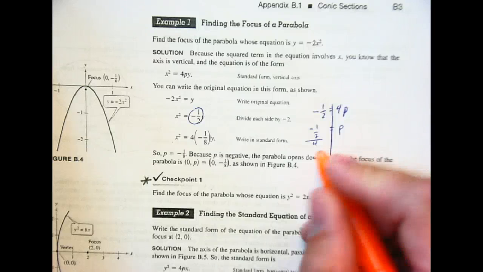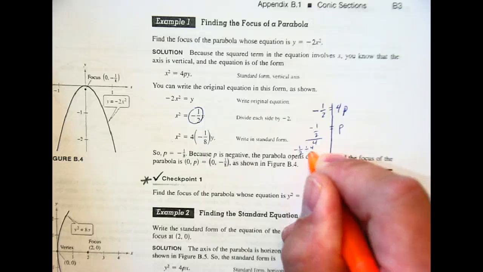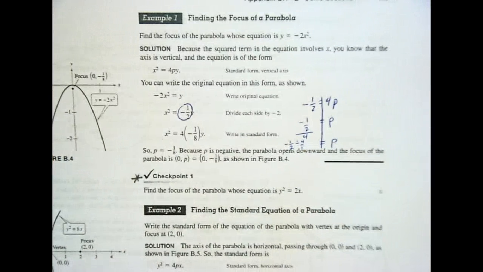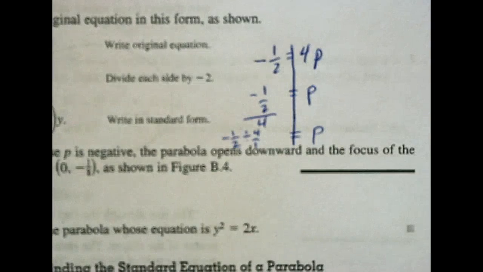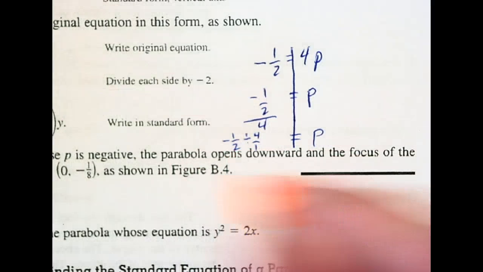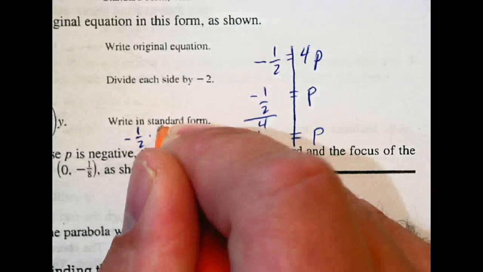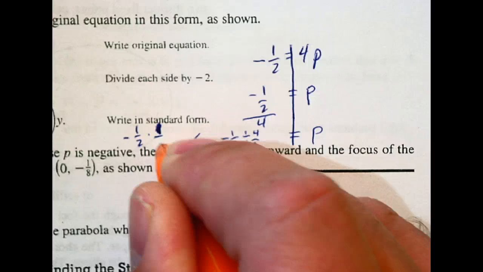So the other way to think about it, if you have negative 1/2 divided by 4 over 1, that's the same thing as multiplying by 1/4.